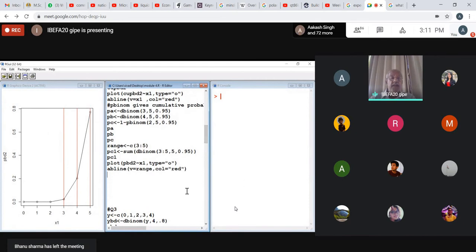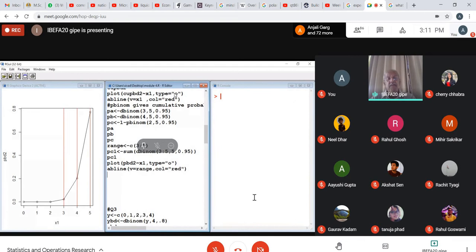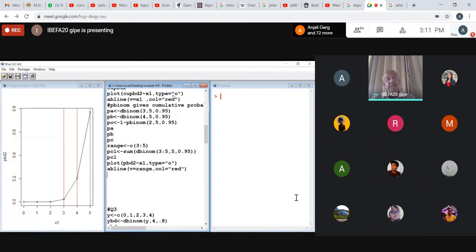So I denote it by range 3 to 5. Compute the probability for that and plot it. Because dbinom for 3, dbinom for 4, dbinom for 5, and add up. See, now I have written sum of dbinom(3:5, 5, 0.95). Is that clear? Yes, sir.